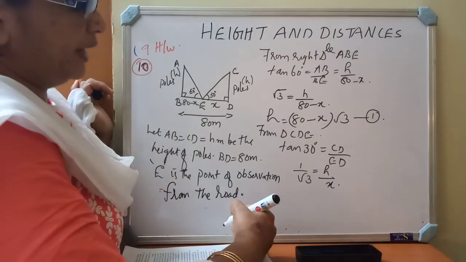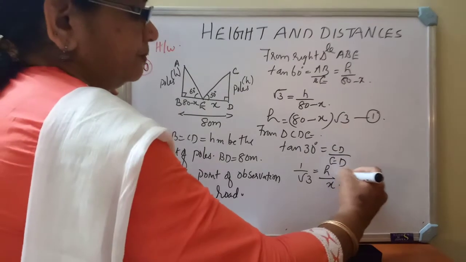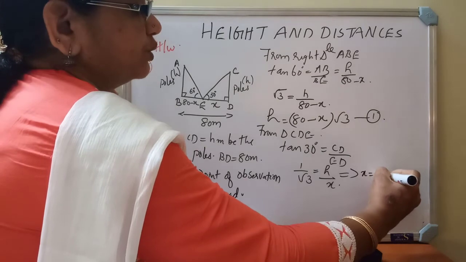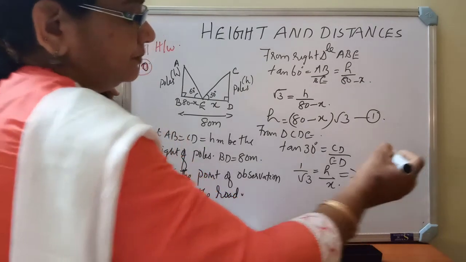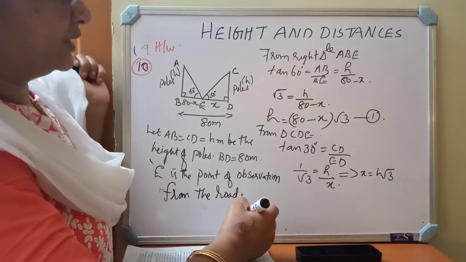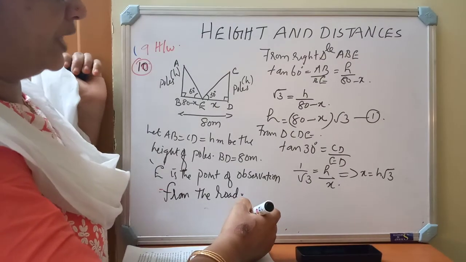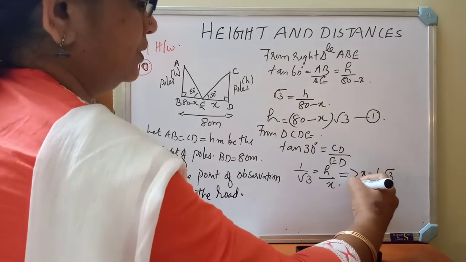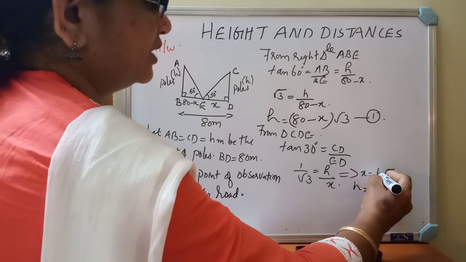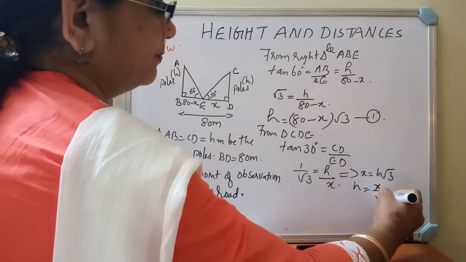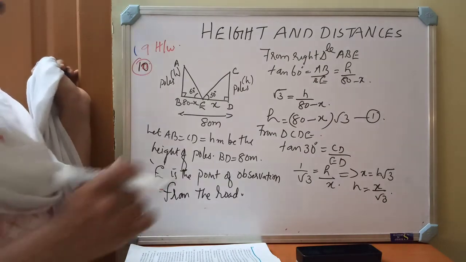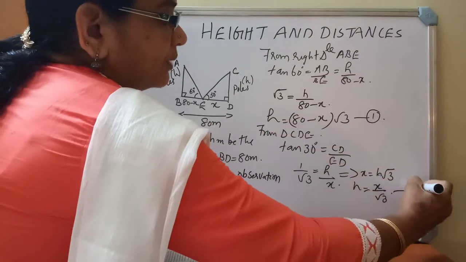Cross multiplying we will get x is equal to h root 3, or h is equal to x by root 3. Isn't it? This is equation number 2.